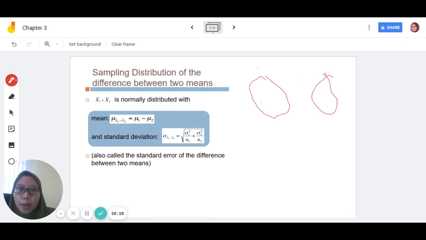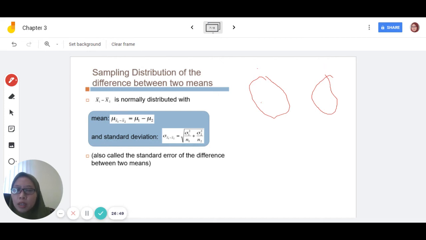Maybe you want to compare region A and region B and get the difference, for example the population in Selangor compared to the population in Sabah.